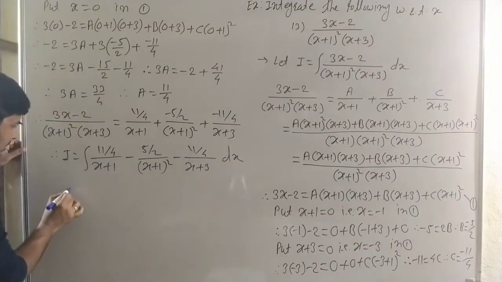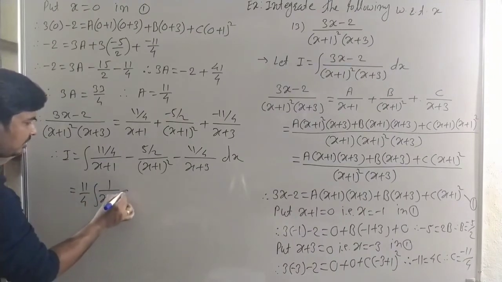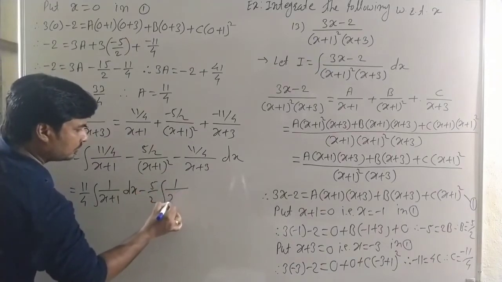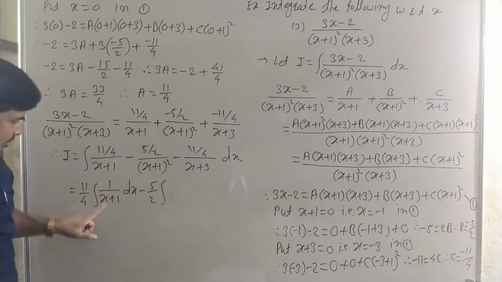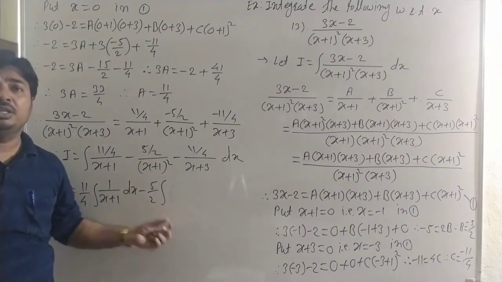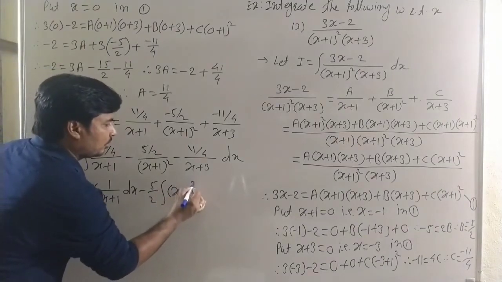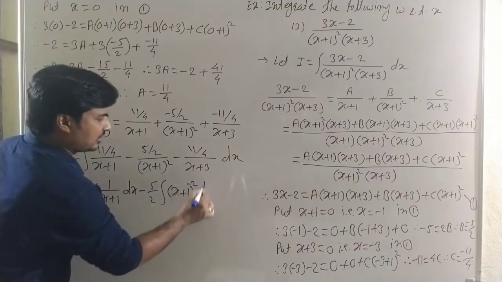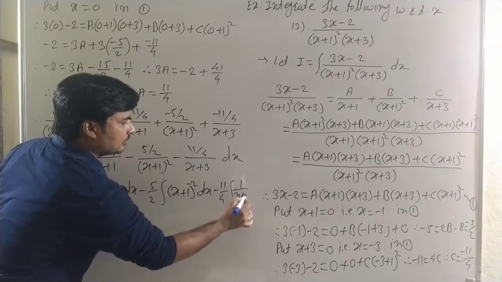Now separate the integral. Here it is 11 by 4 into integral of 1 upon x plus 1 dx minus 5 by 2 integral of 1 upon x plus 1 square. See carefully, 1 upon x plus 1 is 1 by a linear function, but here it is 1 by a quadratic function, but it is a whole square. So this can be written as x plus 1 to the power minus 2 dx, minus 11 by 4 integral of 1 upon x plus 3 dx.